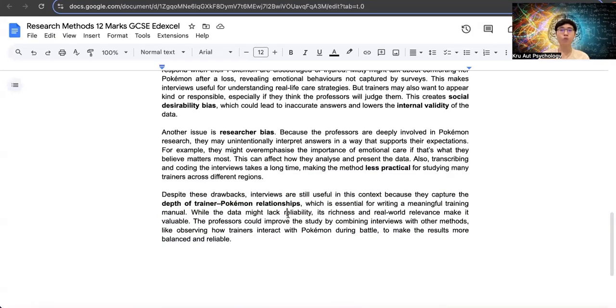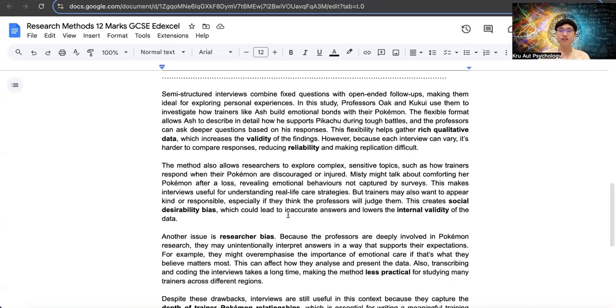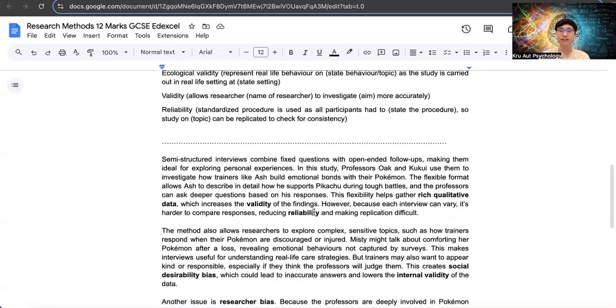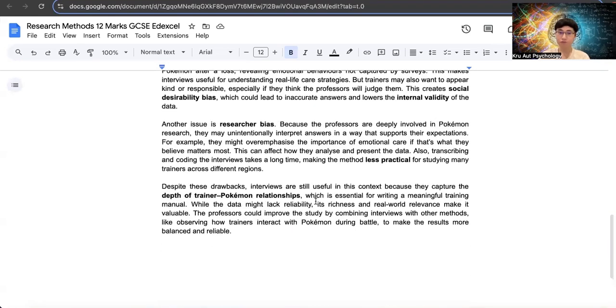What I mean by relevant is you can use more than one, but it has to be clear in terms of the answer. Reliability must be relevant to reliability, validity must be relevant to validity, and so on. Even if it's not that perfect, but it's relevant, you can still get a mark. It doesn't have to be richness and then talk about validity. It can be reliability.